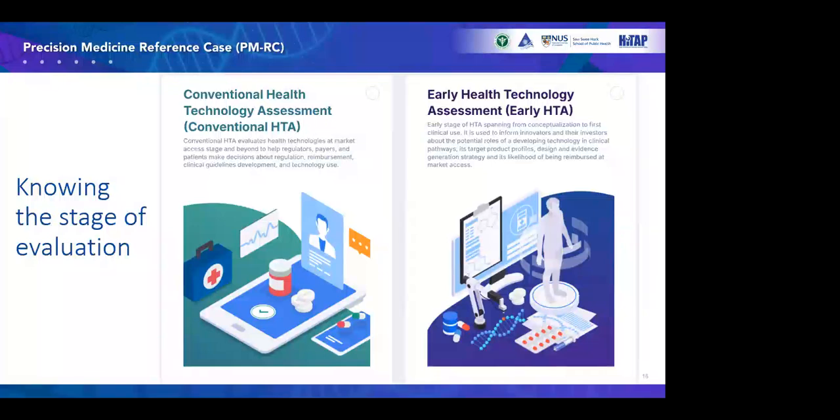The purpose of conducting conventional EE is to inform the exact cost effectiveness profile and the clinical pathways, to help policymakers make decisions about regulation and reimbursement of this technology and how it is going to be put into clinical guidelines.